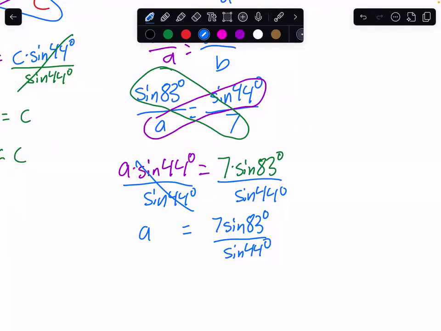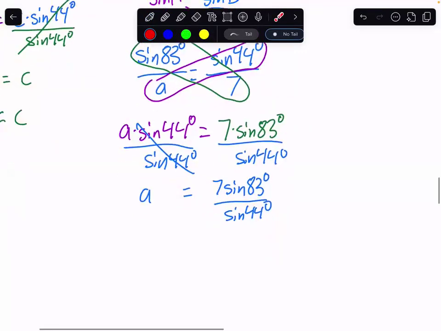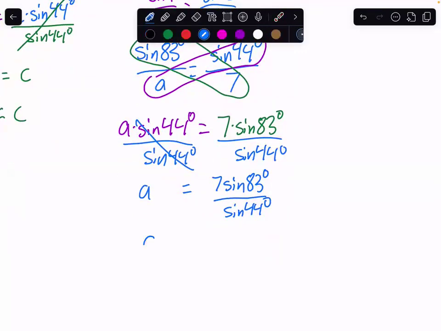Okay, so now we're ready to use our calculator. We can type in 7 sine 83 degrees, all over the sine of 44 degrees. Okay, so this one is 10.00178412. It actually would round to 10.00.